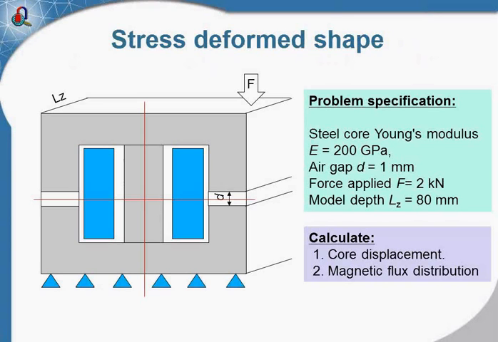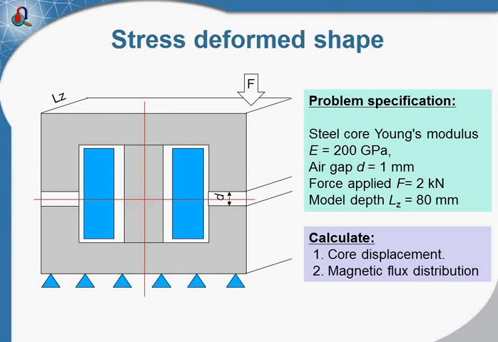Here is the model of the inductor. There is the winding, there is the steel core, and there is the air gap in the left and in the right legs.